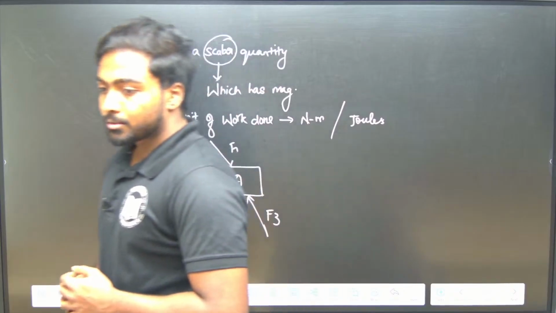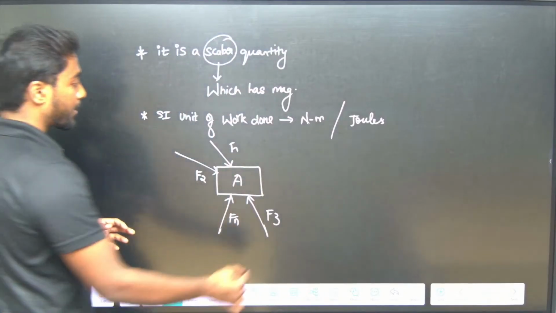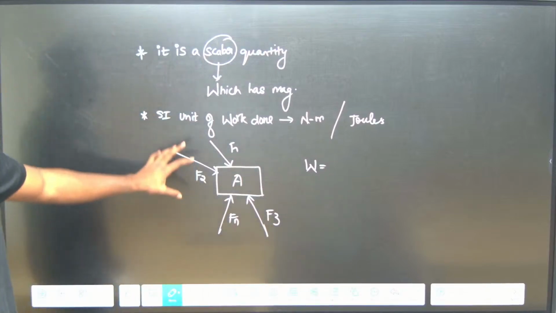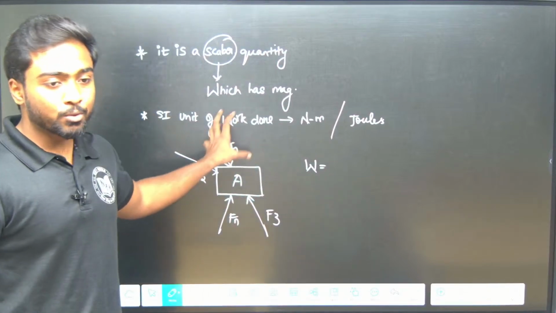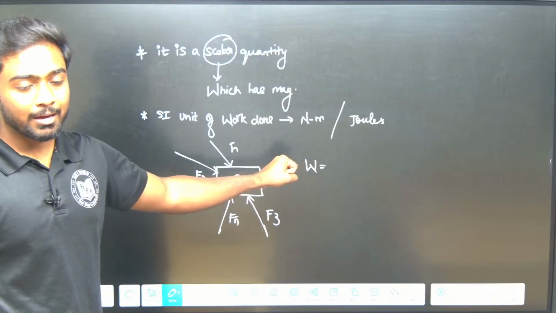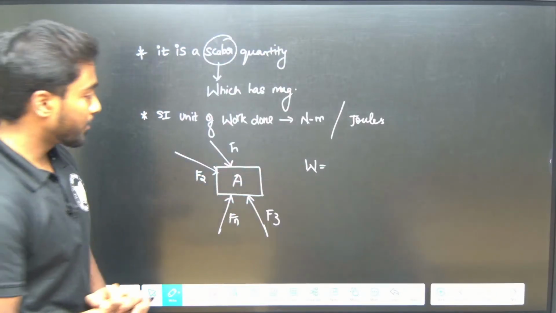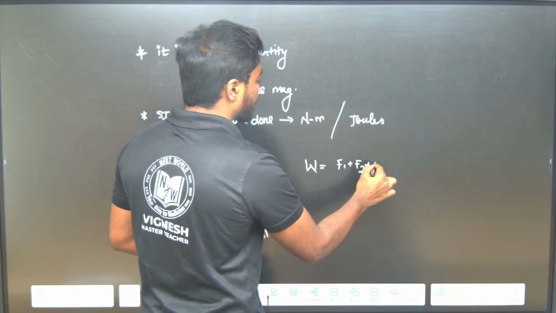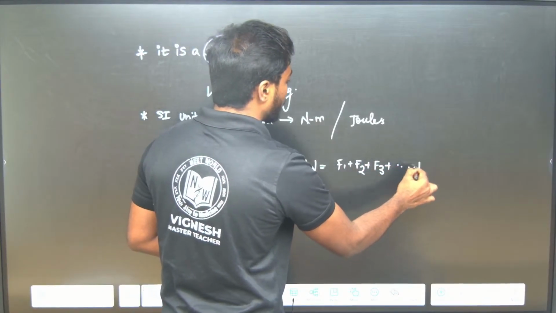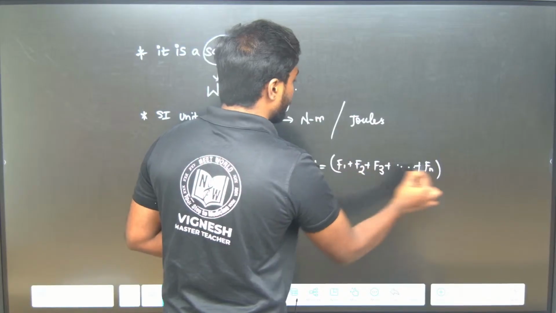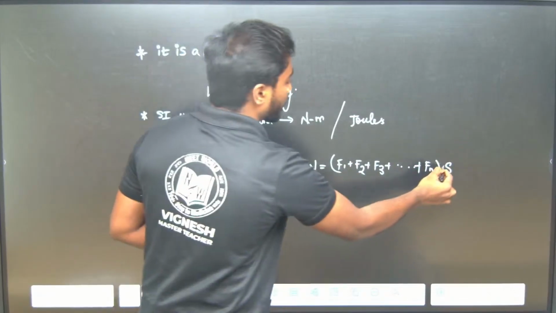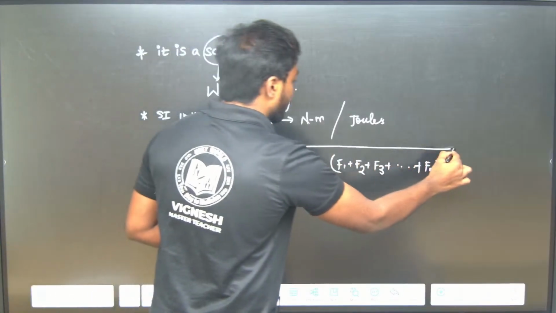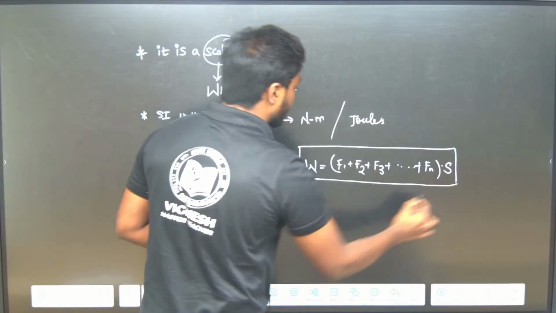Similarly, work done will be equal to, whatever the forces are acting, I should consider every force and then the displacement, right? So F1 plus F2 plus F3 plus up to Fn, dot S, that is the displacement. So this is my work done for multiple forces.